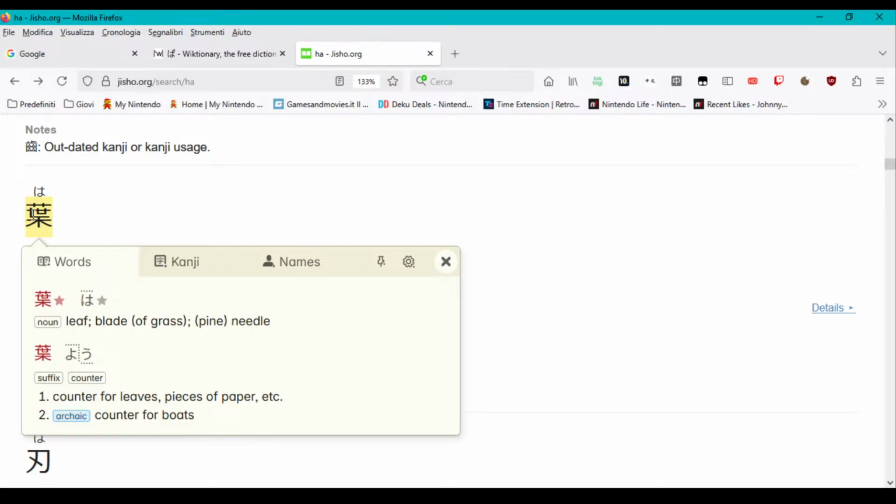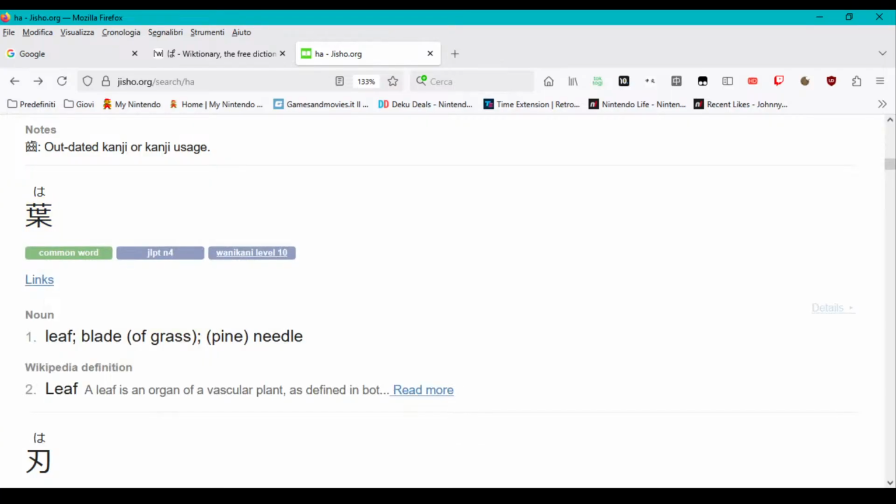Low, high, because that's the rule. If the first syllable is low, the second one is high, and when the first one is high, the second one is low. In this case, unaccented, so the first one is low, and then the second one is high. Hawa. Okay.